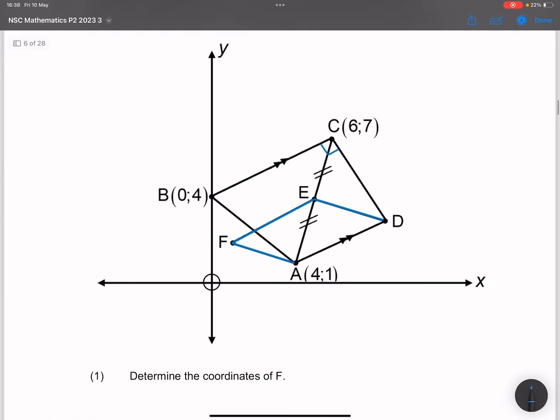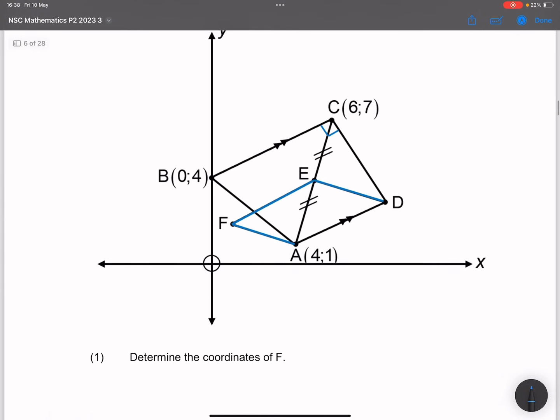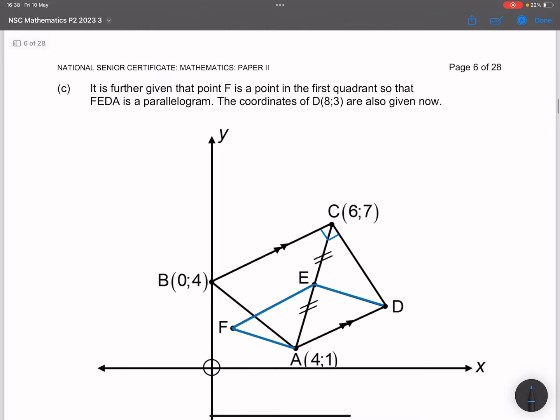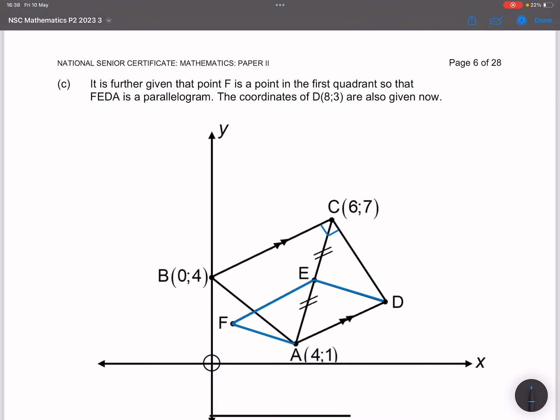Right, now they give us the next point. They say it is further given that point F is a point in the first quadrant, so that FEDA is a parallelogram. Now, if you note there, FE means that the line FE would be parallel to AD.